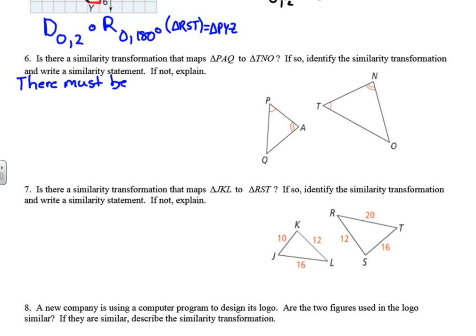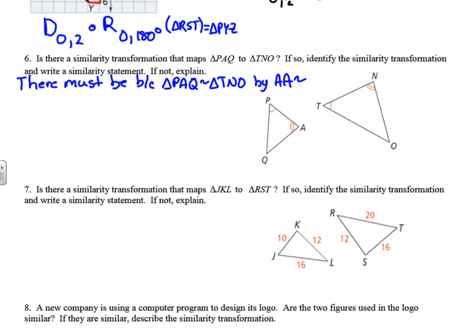There must be, because triangle PAQ is similar to triangle TNO by the angle-angle similarity. So if we have two angles, we know from our previous work that these things must be similar to each other.